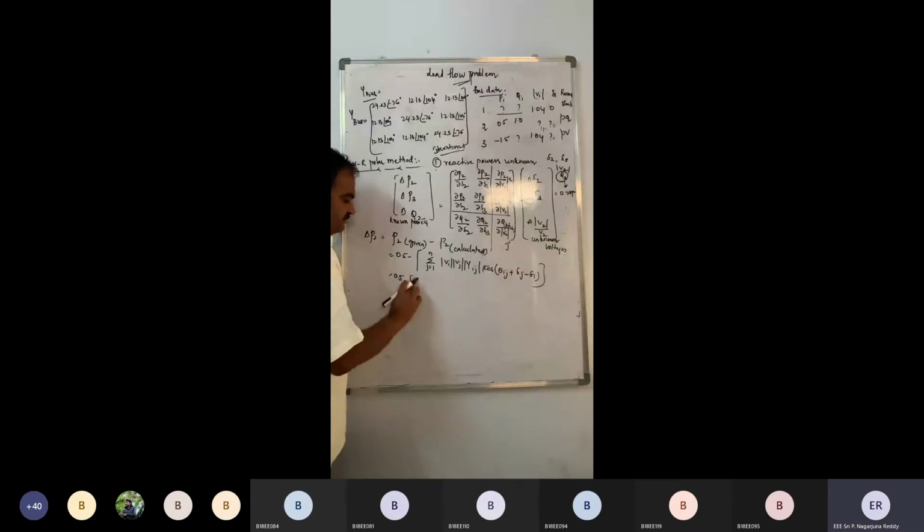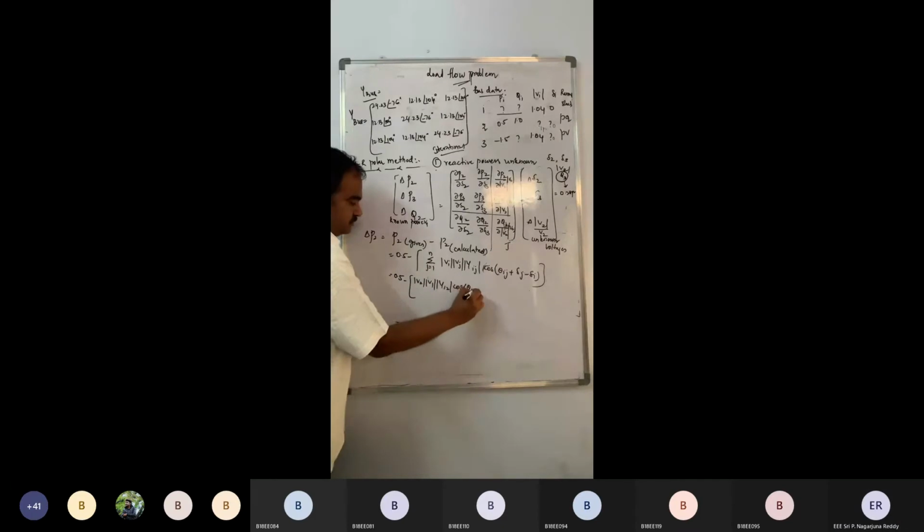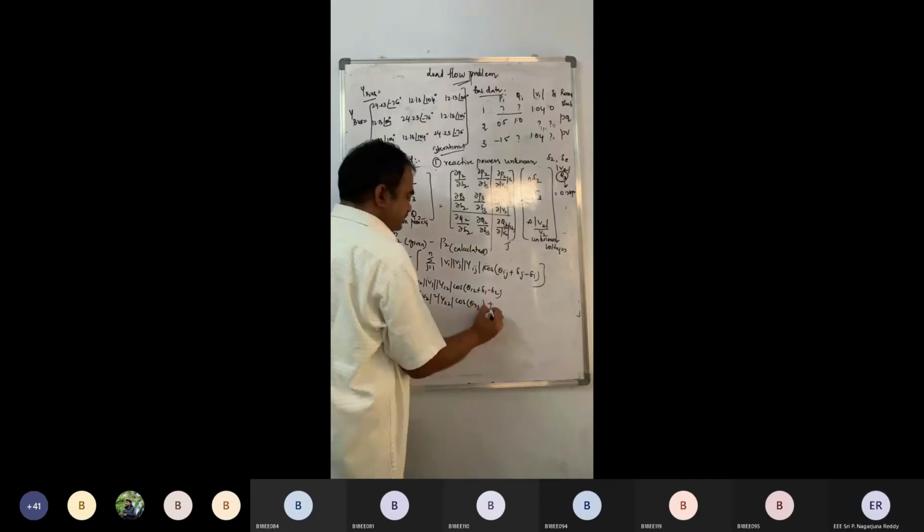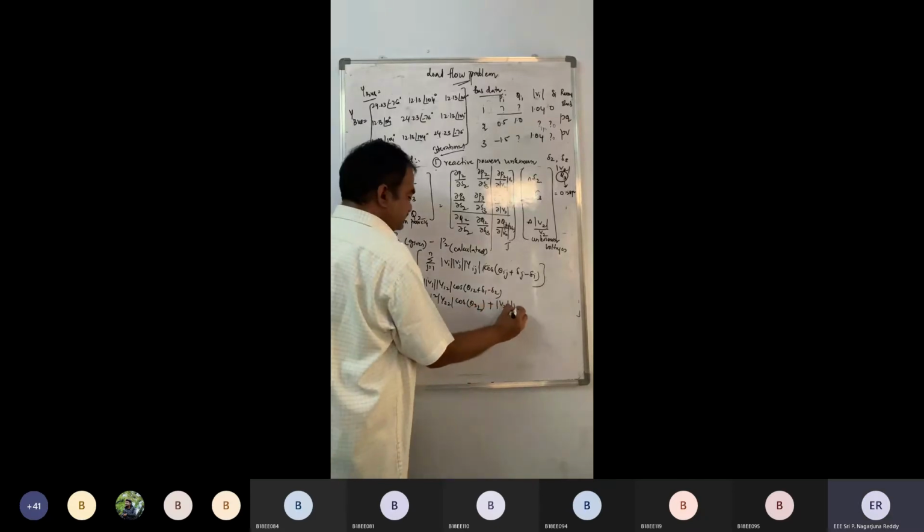First of all, let me place j equal to 1, i is already equal to 2. What I am getting is V2, V1. Delta 2 minus delta 2 is 0, not considering it.